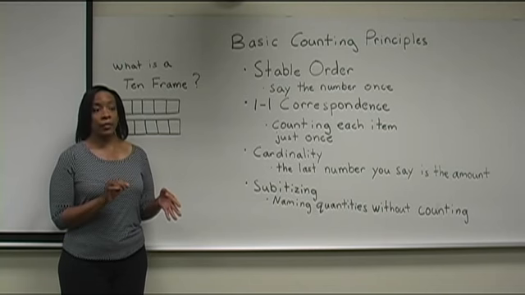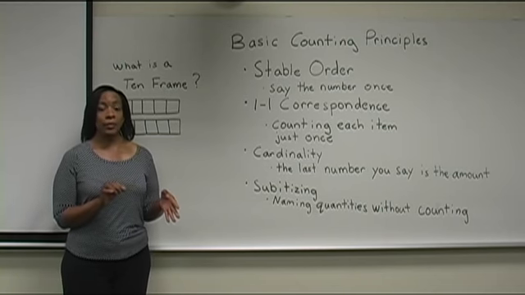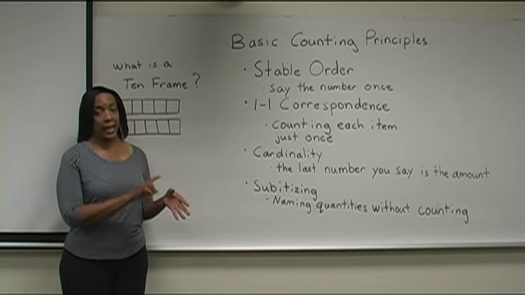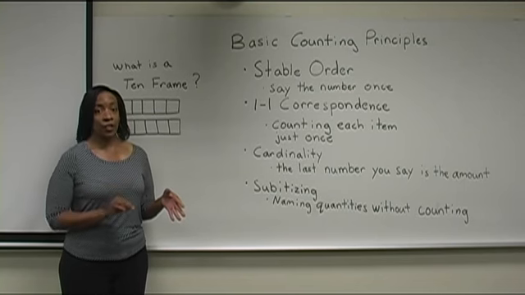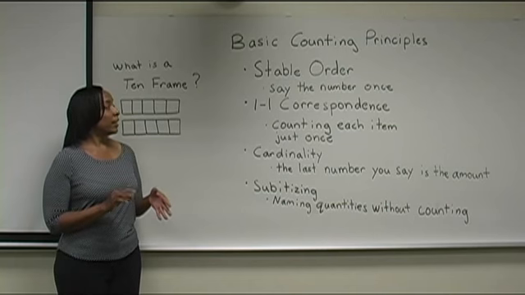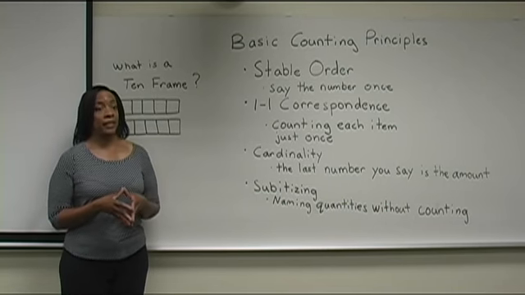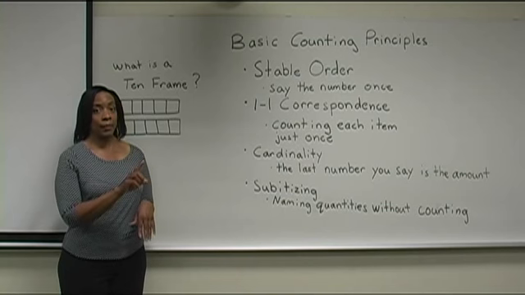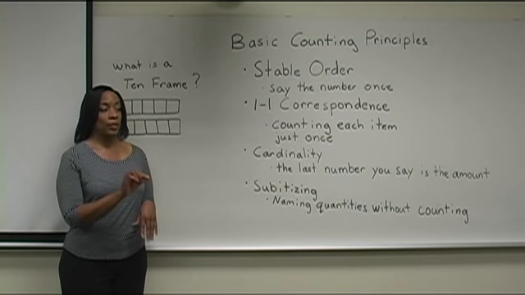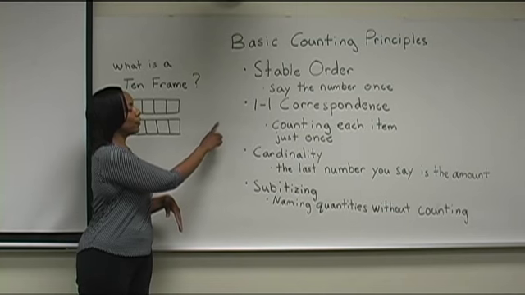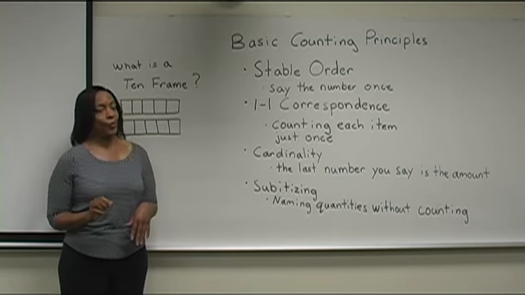Younger learners learn with manipulatives and real objects, and it is very common for them to actually handle each item and touch it just one time to determine the amount in a set. So that is one-to-one correspondence, being able to name each number one time and being able to touch the object one time. So in a group of objects, they would say 1, 2, 3, touching it just once.